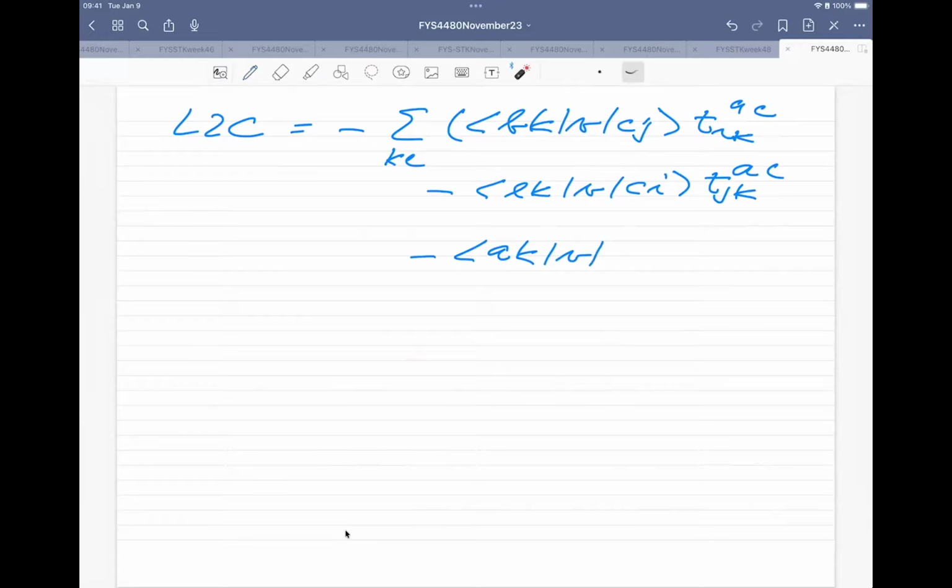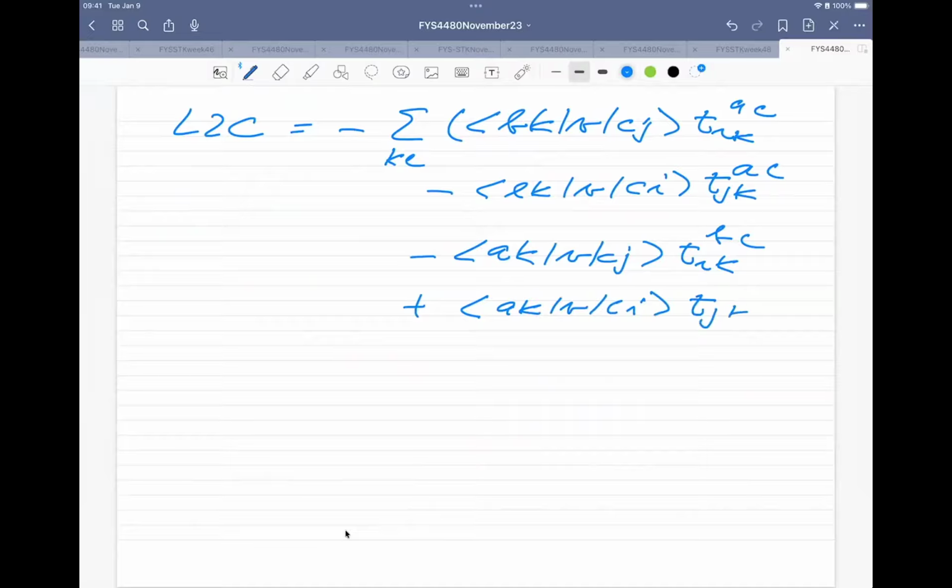This state is a one particle, one hole. This is a one particle, one hole. Same with this one, that one. And also the next ones involve one particle, one hole states of CJ. And this has a TIK, if I have done all correctly here. And minus, no, it's actually plus. And it contains an AK of V of C of I. So these are terms which you need to put into the equations when you're going to solve them.